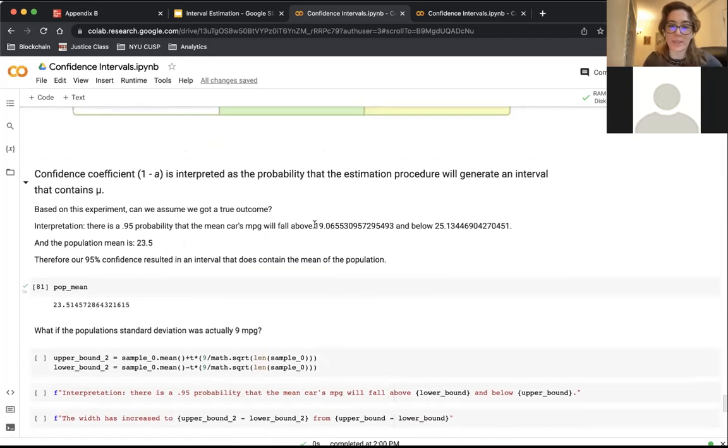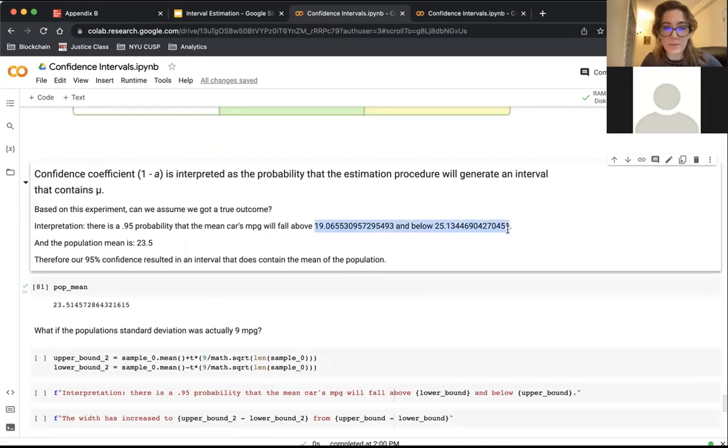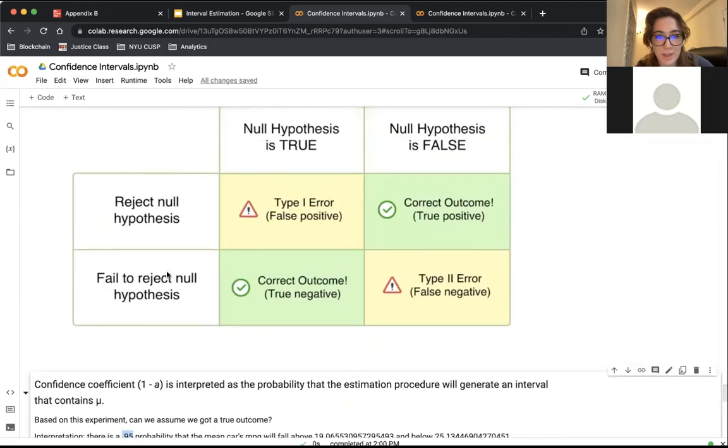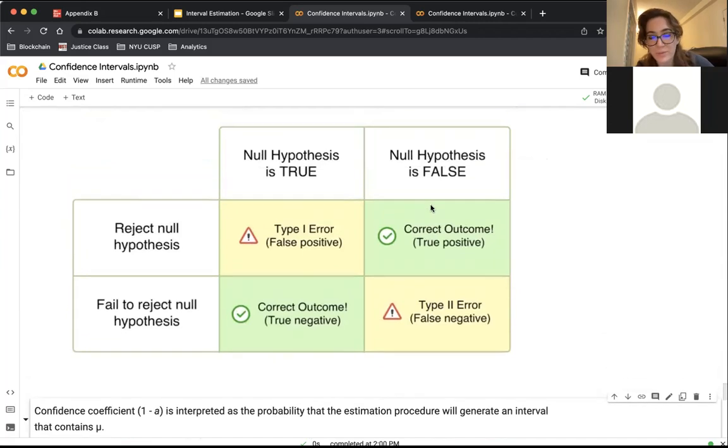We just calculated this confidence interval around the sample that we had. Because we have this 95% probability that the mean car miles per gallon will fall between this interval, the interval did contain the mean of the population. So we can say this was a true positive, or the correct outcome.